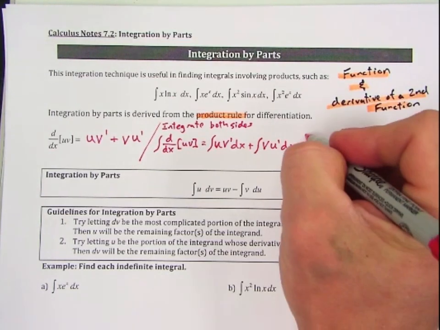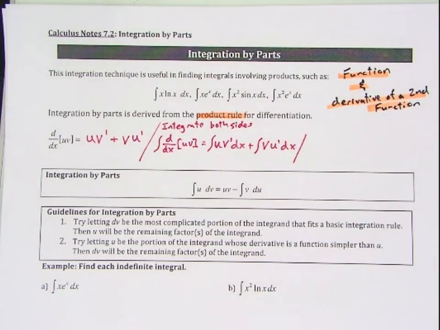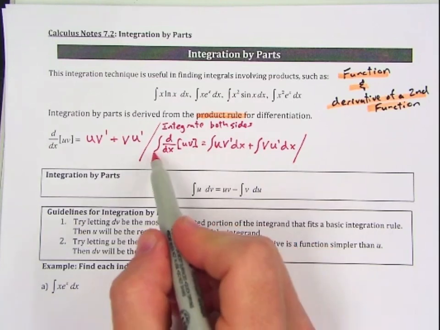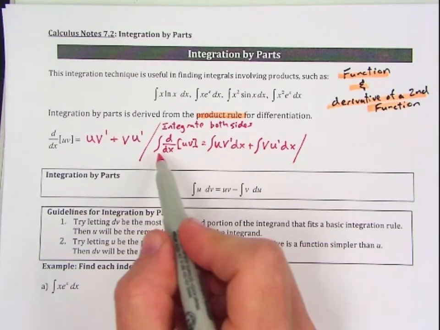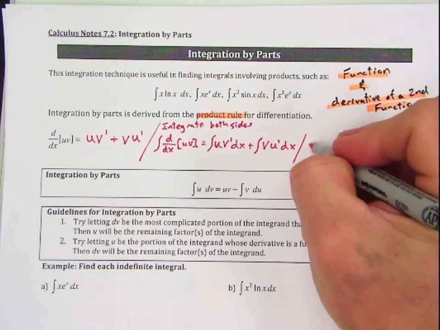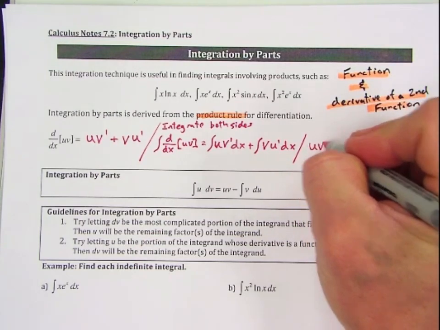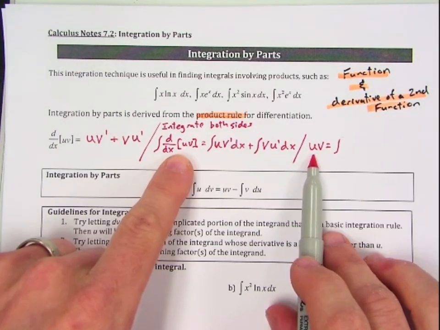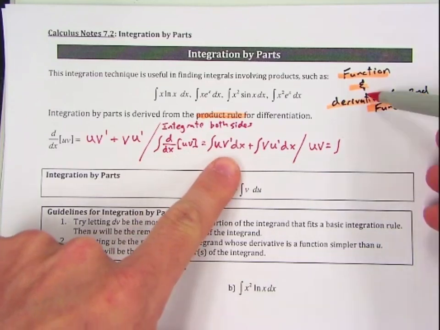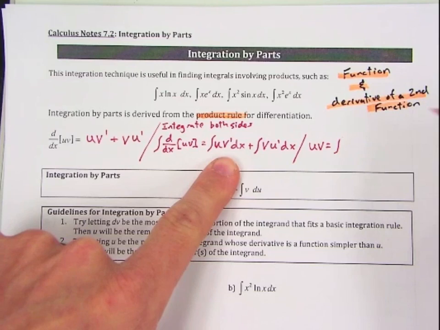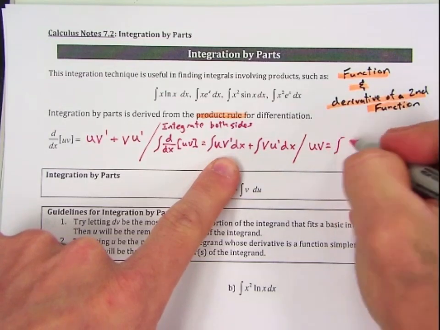And so in algebra, what do you do to one side? You do to the other side, and we know we're still okay. Now, for the integral of the derivative, okay, cancel each other out. So now we're just left with uv equals. Now, v prime dx, that's the derivative of the second function right there. And so what we really have here is u dv.